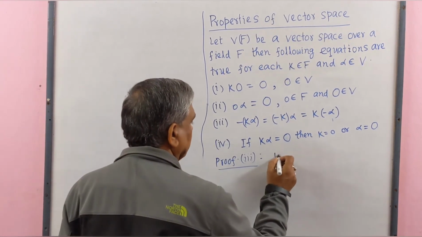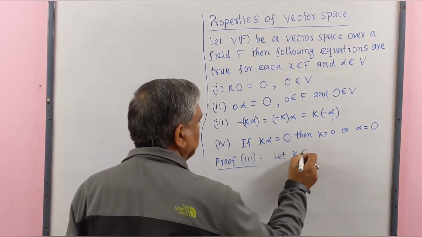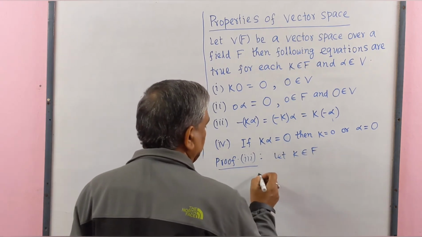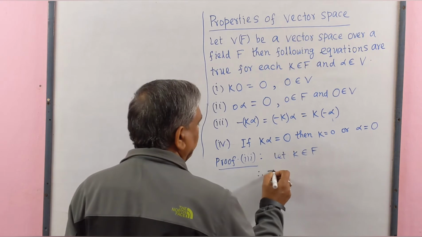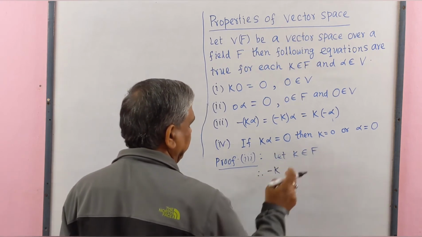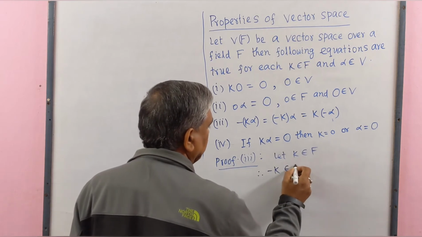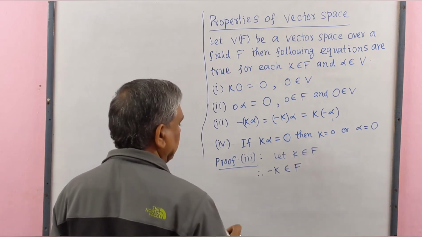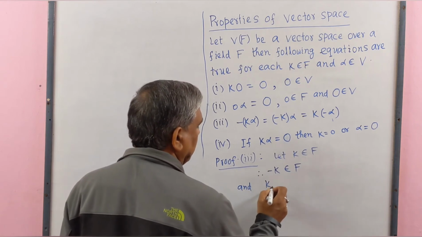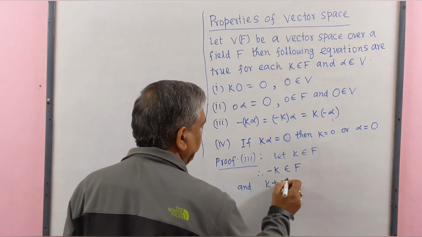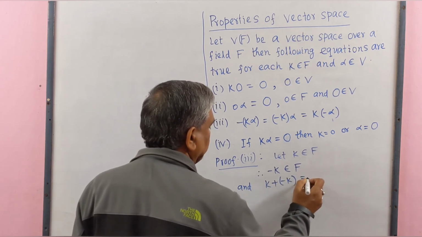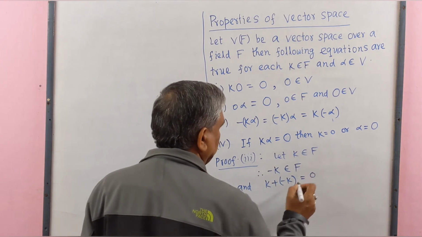Let k belong to F. Therefore, minus k, the additive inverse of k in F, belongs to F, and k plus minus k equals 0.